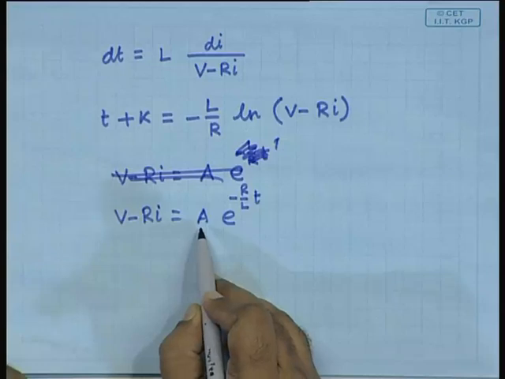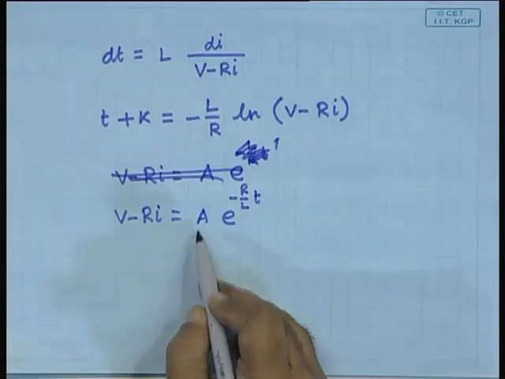This A then has to be obtained from the initial condition.